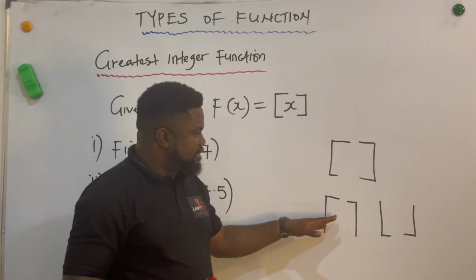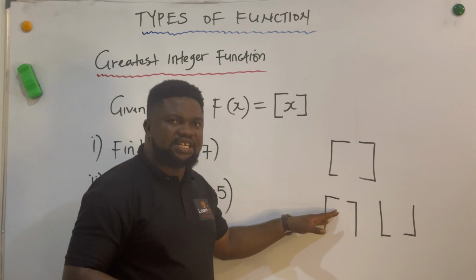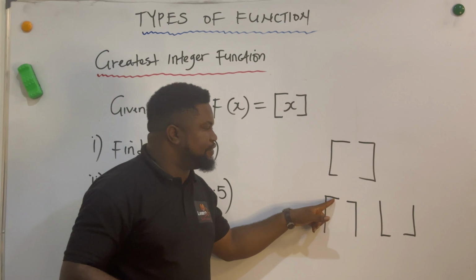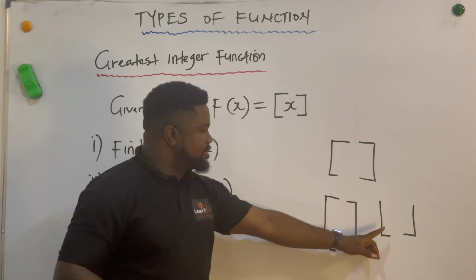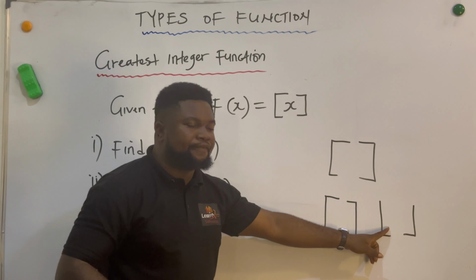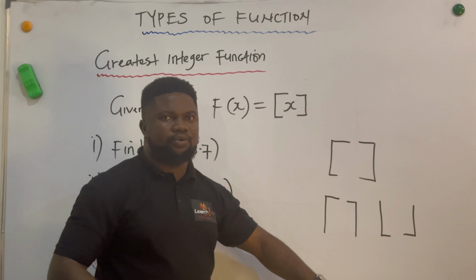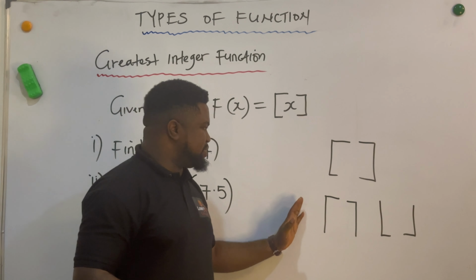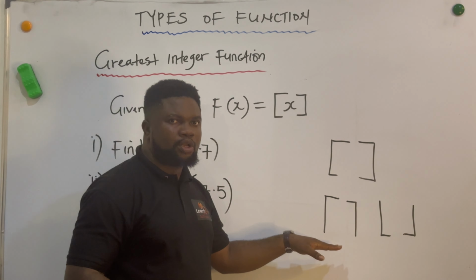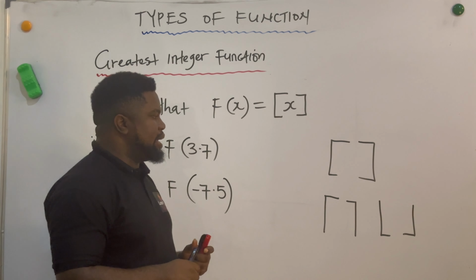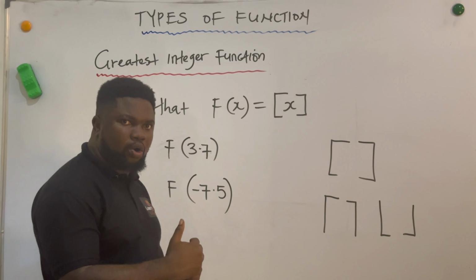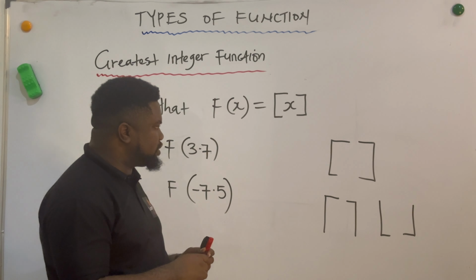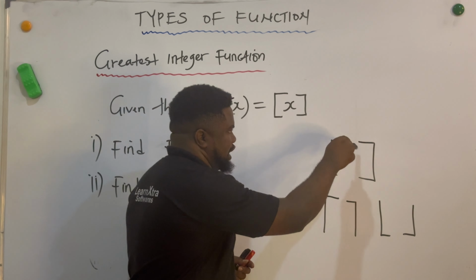We call this the greatest integer ceiling function. Ceiling, like up, ceiling. We call this one the greatest integer floor function. I will explain them both, but for now, I don't want to take you above the scope of this work. So we'll just take just this.